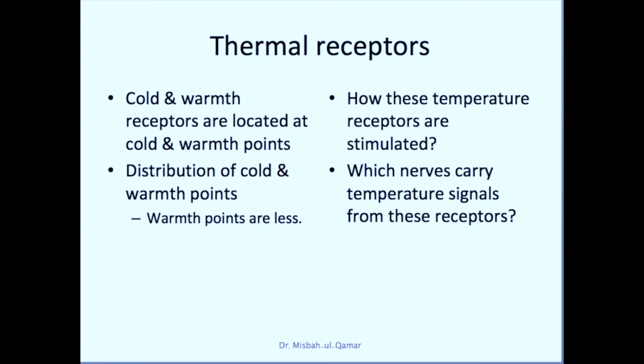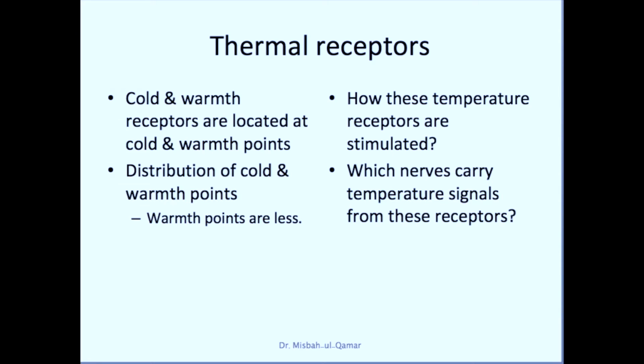Now the next question is how these thermal signals are carried. So I tell you that the warmth signals are received by free nerve endings, and they are transmitted by type C nerve fibers at the rate of 0.4 to 2 meters per second.